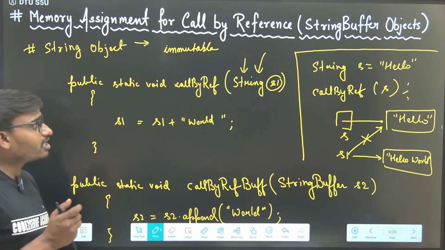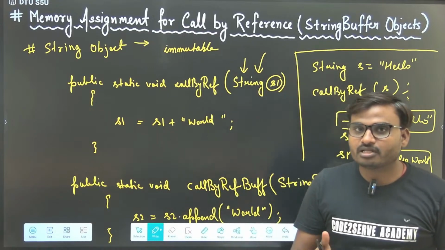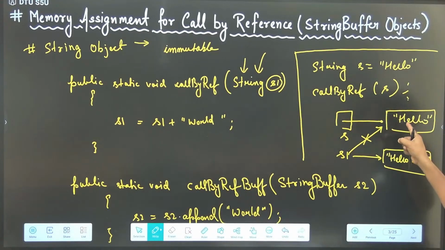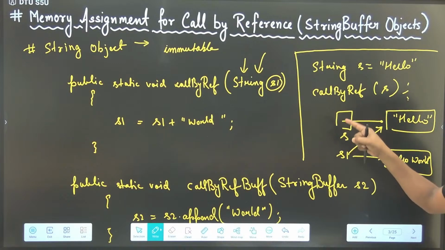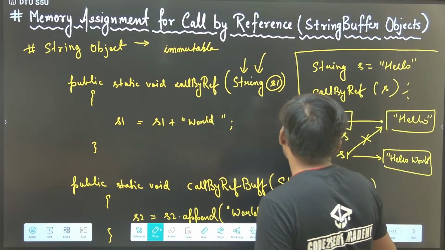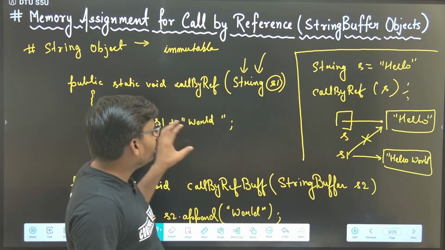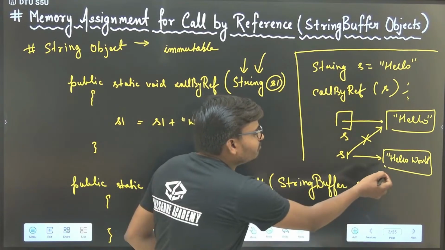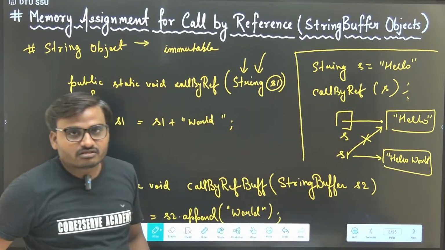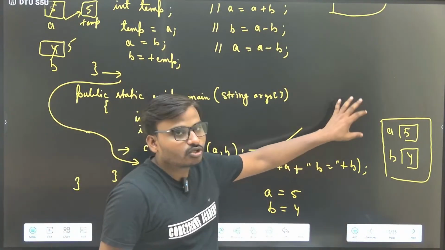It is a bit confusing, but you have to keep in mind, since string objects are immutable, once you assign it, you cannot change that, and whenever you reassign that string to something else, it will create a new reference in the memory. So see, after changing the value, it is creating a new reference. Now it is pointing to this instead of this. There are not two separate copies. If you see over here, there were two separate copies created.